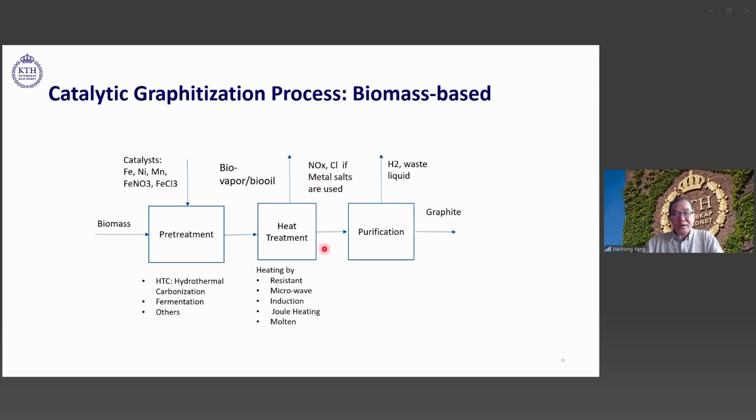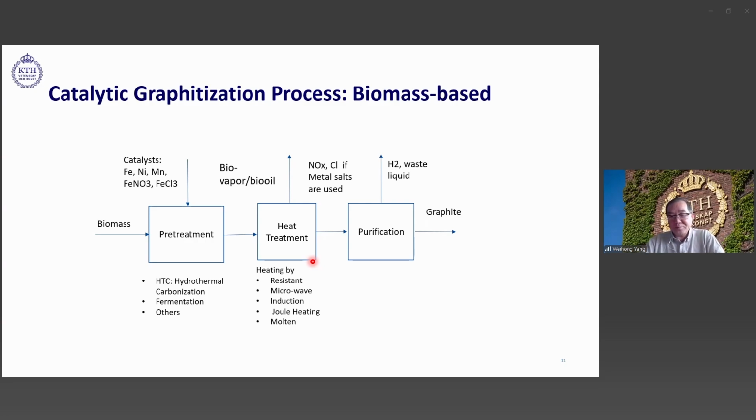Then for heat treatments for the catalytic graphitization, what we need is high temperature for a certain time. In principle, different ways to heat up the process are okay. You can use resistance, microwaves, induction, joule heating, or even molten steel. Which one you go with depends on your know-how and the different knowledge behind this.